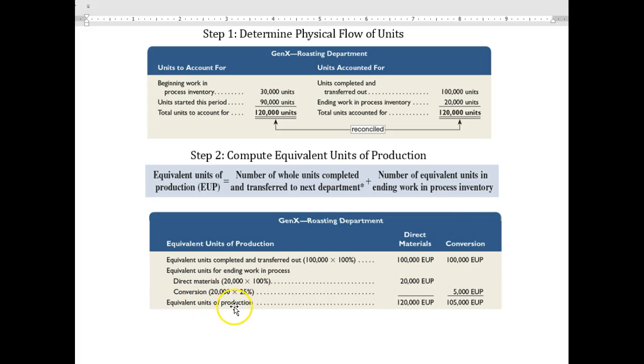So that means I actually have 5,000 complete as far as costs are concerned, if I multiply that times that. So now I have direct materials EUP of 120,000, totally done with the direct materials. Conversion, I only have 105,000 for the costs. So that was step 1 and step 2.